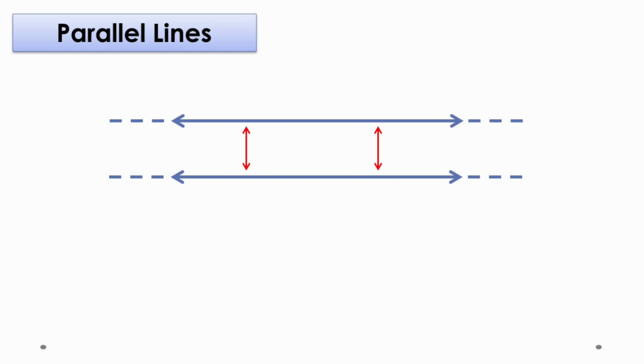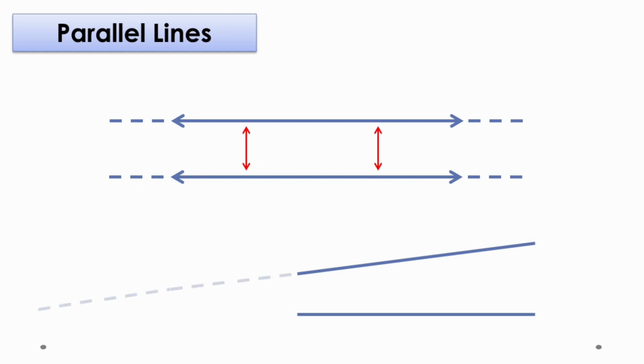These two are parallel lines as they will not meet at any point, as the distance between the two lines is consistently equal. Whereas these two will not be considered parallel lines. While we do not see them intersecting or meeting, they will surely meet at some point if these lines are extended, as the distance between them is not equal at different points.